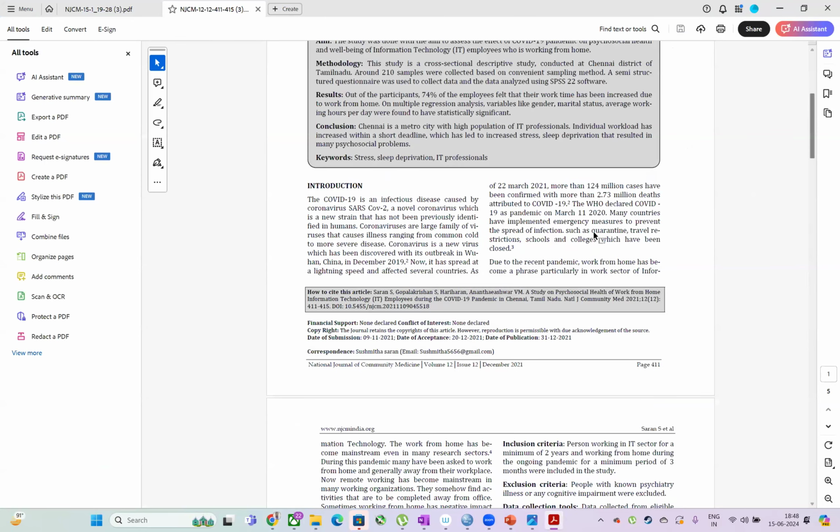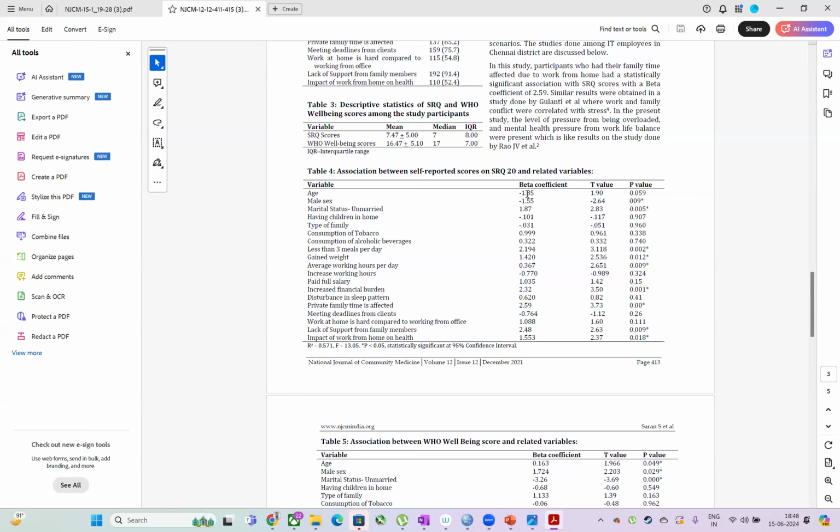Here, the negative beta coefficient is equivalent to the odds ratio going below 1. For example, male gender: you had thought that male gender is the risk. But since the beta coefficient has become negative, now the risk has shifted to the females, because you are interpreting that male sex when compared with females has a 1.5 unit decrease, which is understood as females having a 1.5 unit increase when compared to males.